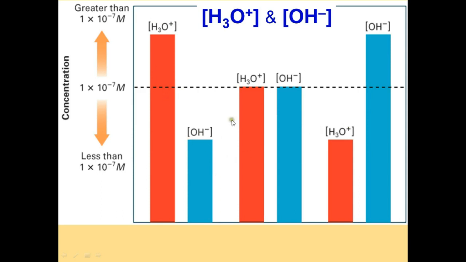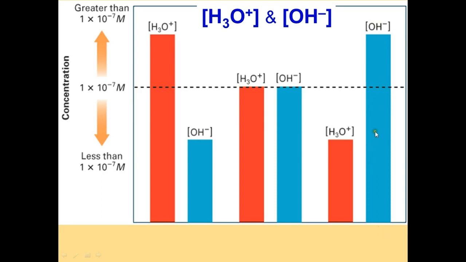Then here, if we look to the right, we have the exact opposite. Bases accept protons. So if a base accepts a proton from water, it forms more OH minus. That's why bases have a higher OH minus concentration.